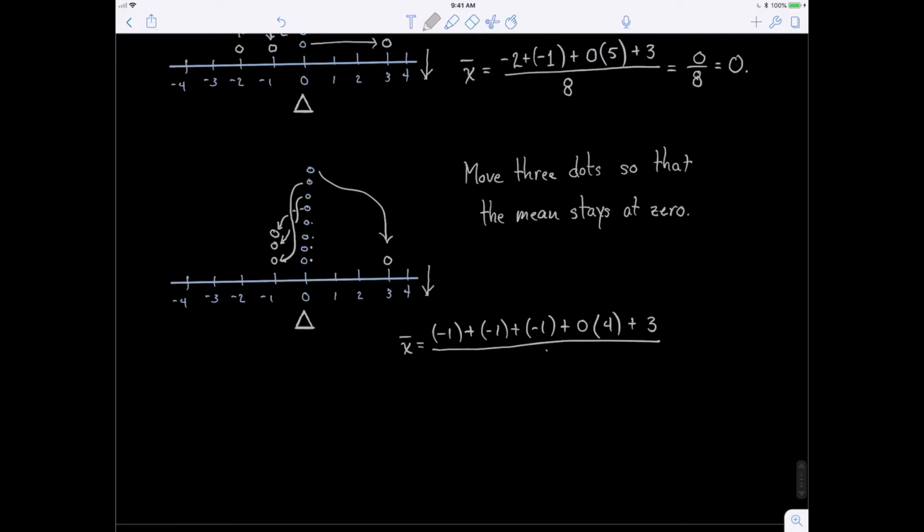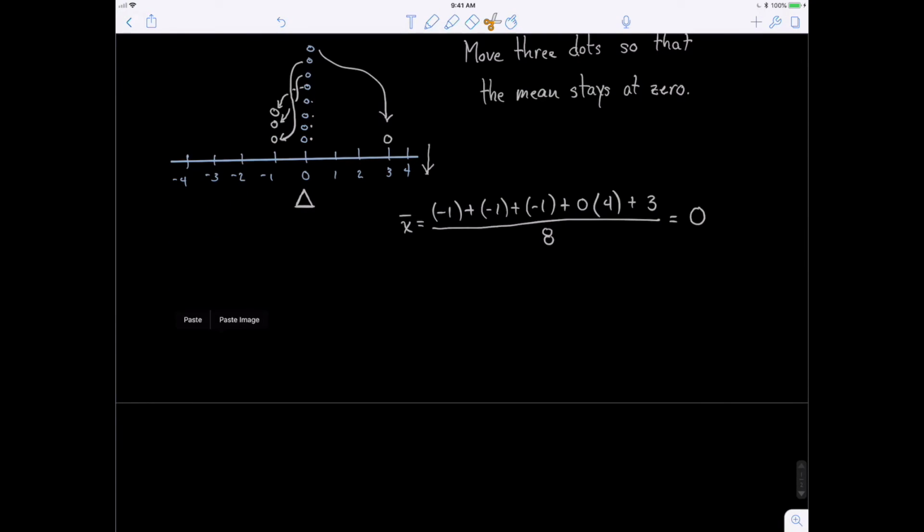Add that up, divide by 8, and you'll see that the answer is again 0. So the idea is that the mean is just a balancing point. If I move something left, somehow I have to move the same thing right so that the total distances stay the same. The distances left are equal to the distances to the right.